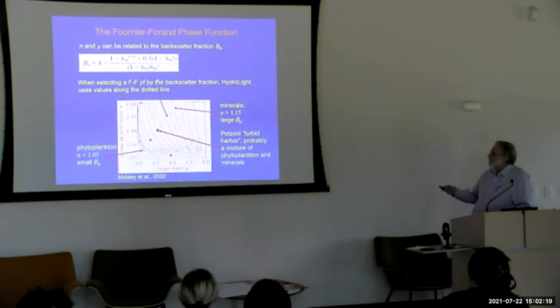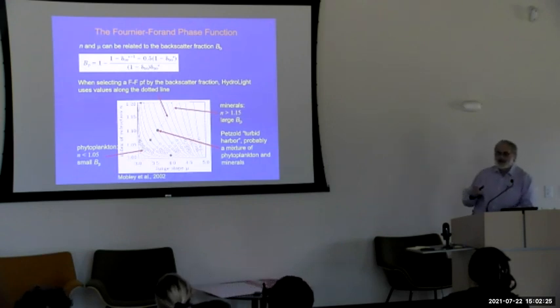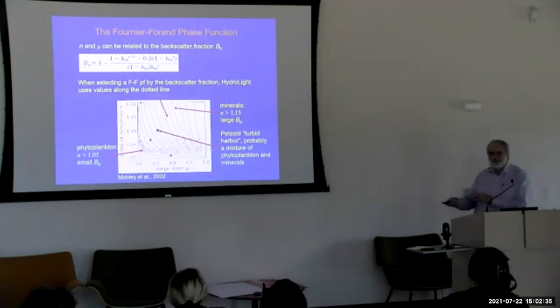And so in HydroLight, you'll have an option that says, use a backscatter fraction of 2% or 3% or 0.5% or whatever, and a Fournier-Forand phase function. So what it'll do is it will go get one of these Fournier-Forand phase functions that has that backscatter fraction, and it'll use it.